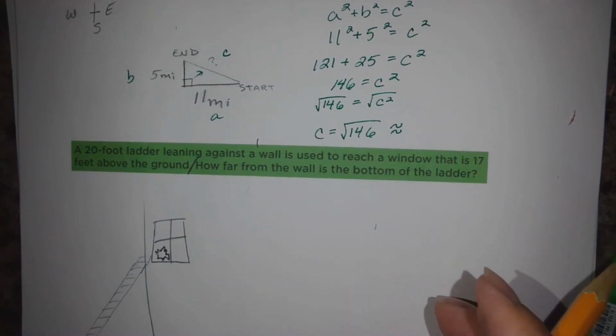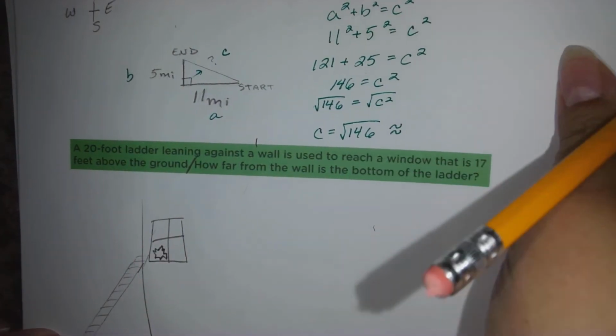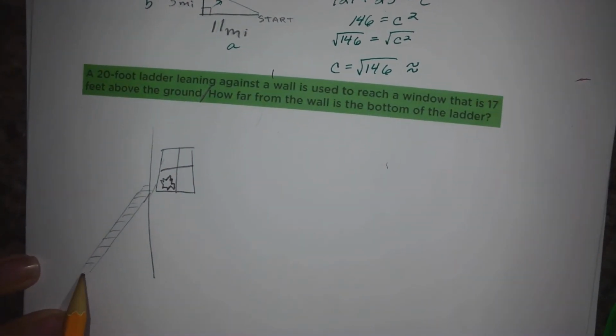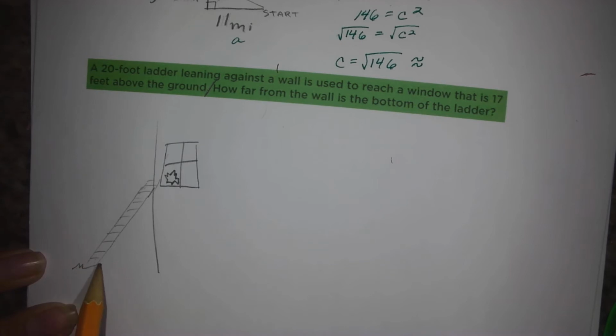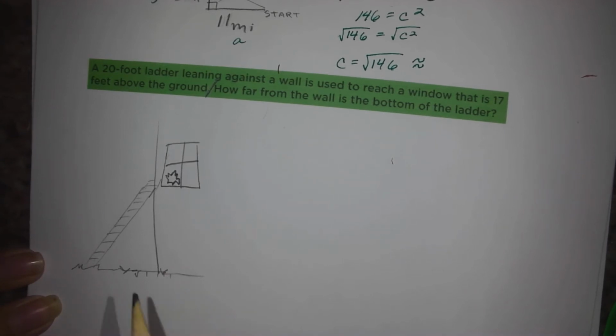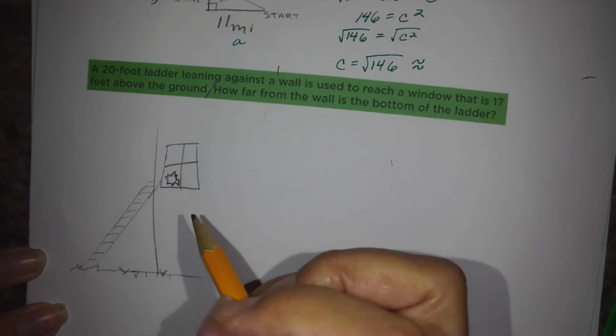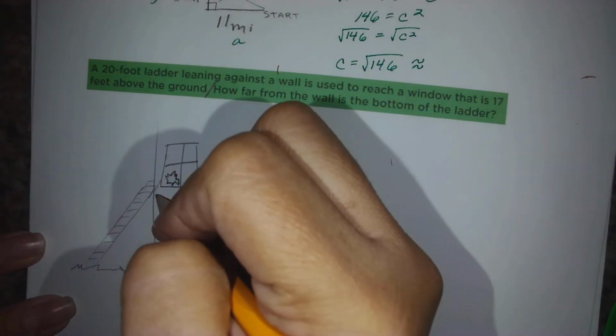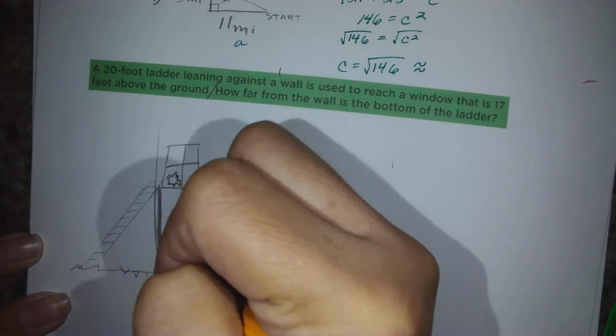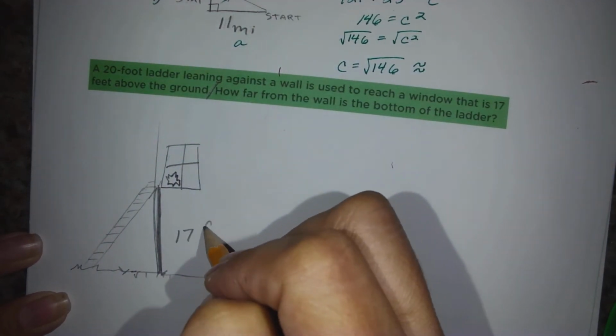It's 17 feet up above the ground. So I need to make sure I have the ground. So I'm going to go ahead and draw my ground down here, with some grass. It's not perfect. It's just a sketch. And this right now, I know that this distance from here to here, this is 17 feet.